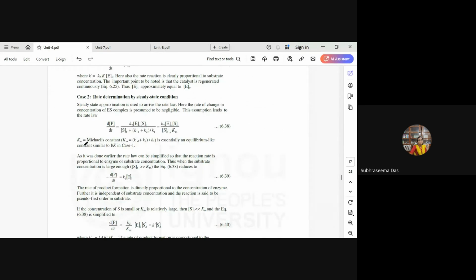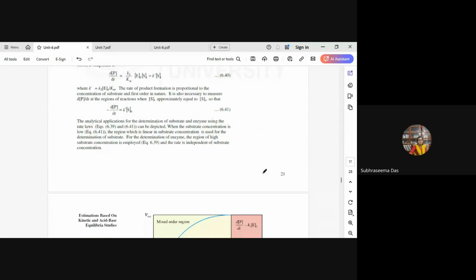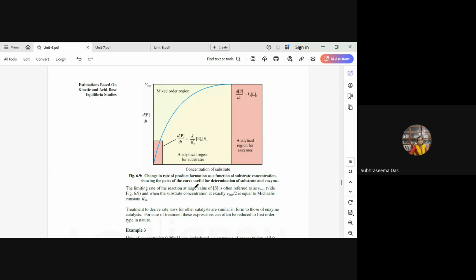Here it is shown, this is Km, the Michaelis Menten constant, which gives us the final rate equation for enzyme catalyzed reaction. Figure 6.9 shows the change in rate of product formation as a function of substrate concentration.